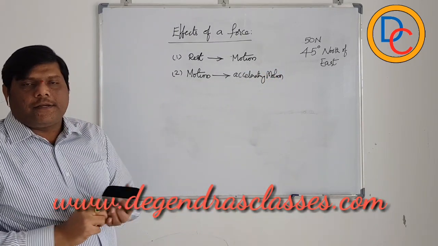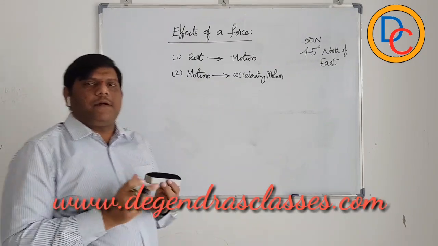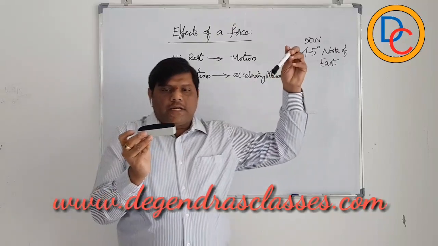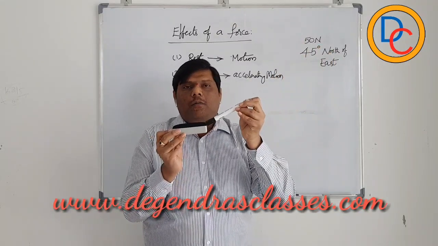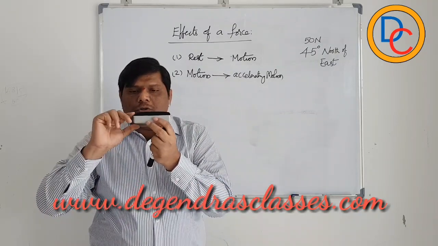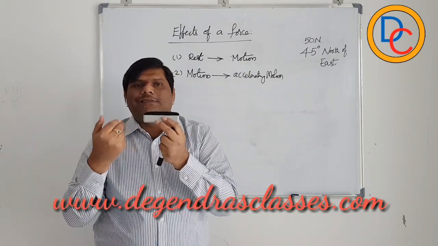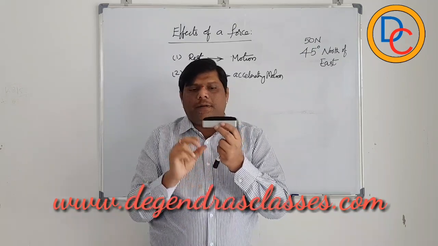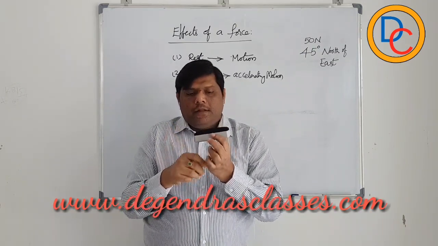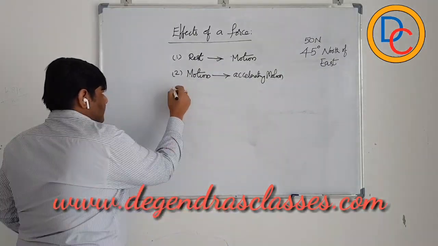This is another effect. Next, consider the same case. The body is in motion and an external agent, that is force, is acting on the body in such a way that the motion of this particular body is decelerated, that means it is retarding the motion of the body.